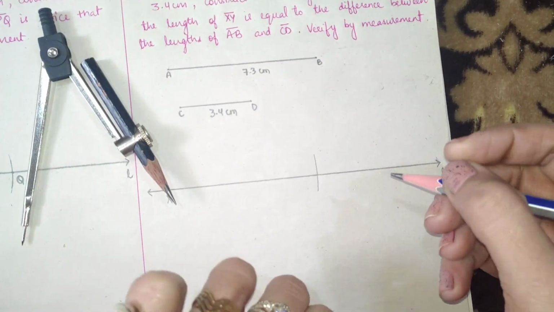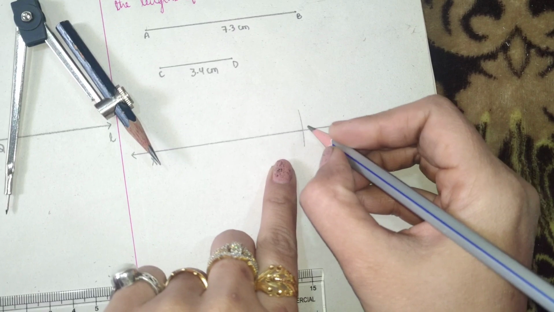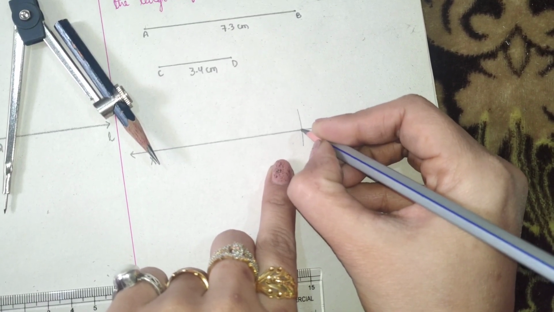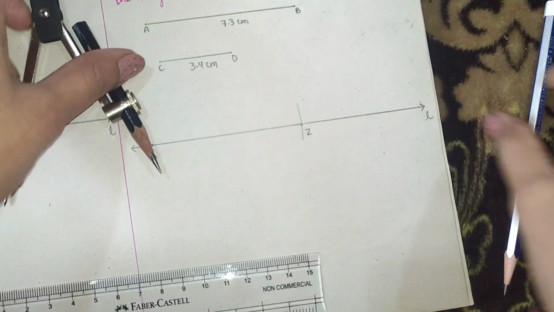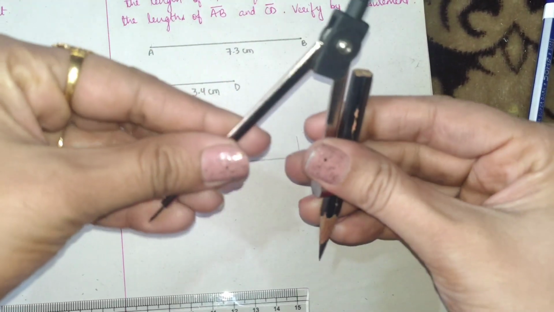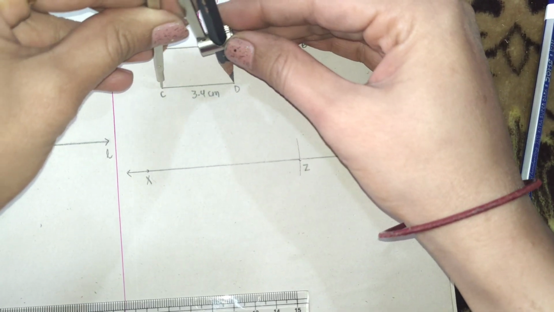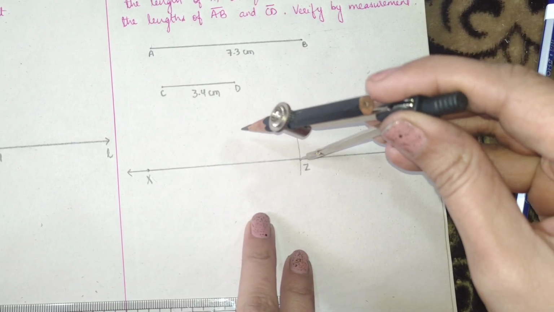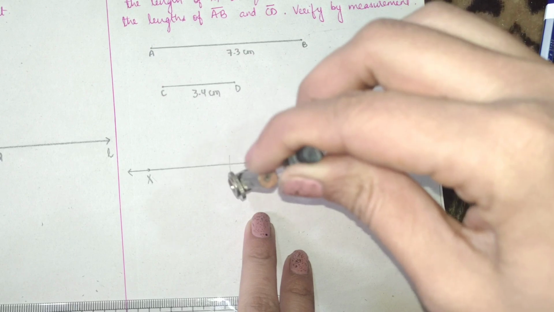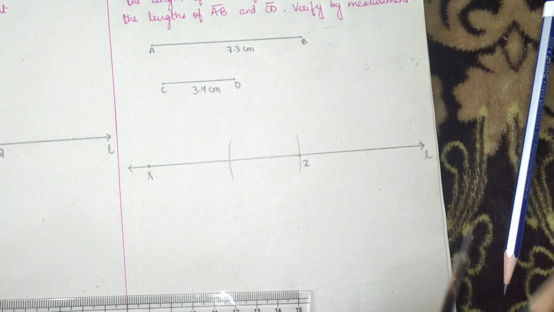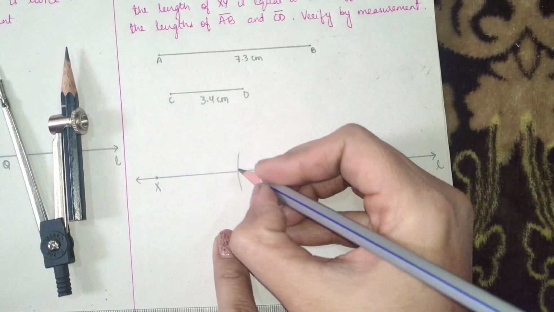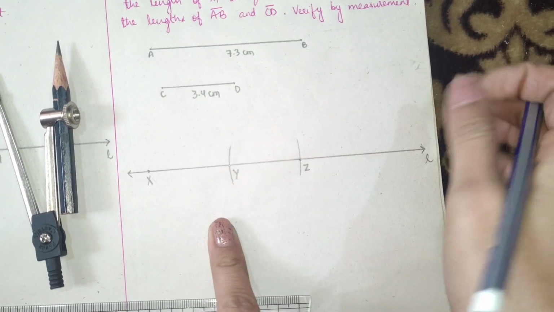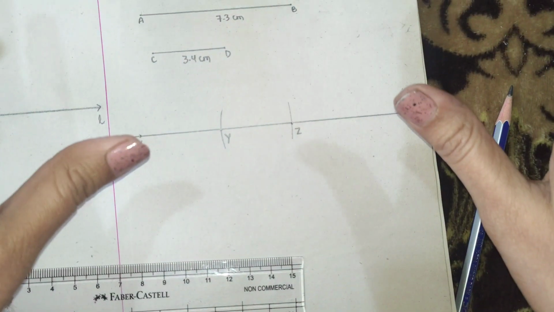So this point here, as I told you, we will not name as Y, but some other letter, let's say Z. Now we need to cut off CD from this line segment. So I'll measure CD. This is CD here, okay. This letter Z is extra in our construction, so I'll cut off this point and just draw an arc like this here. So this point here I'll name as Y. So the construction part has been done.